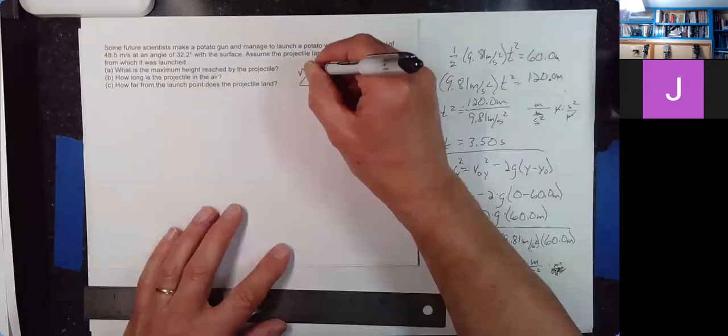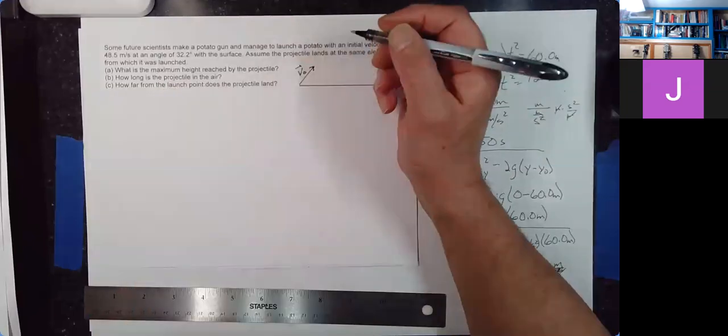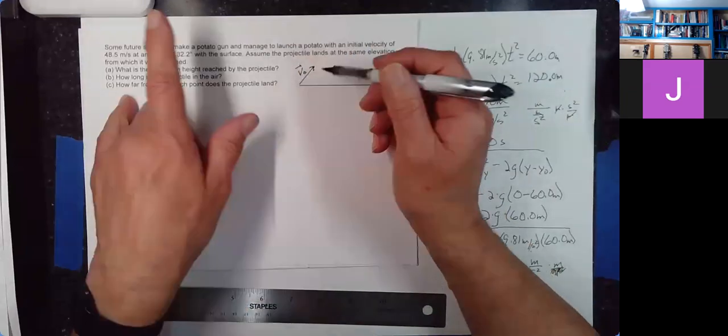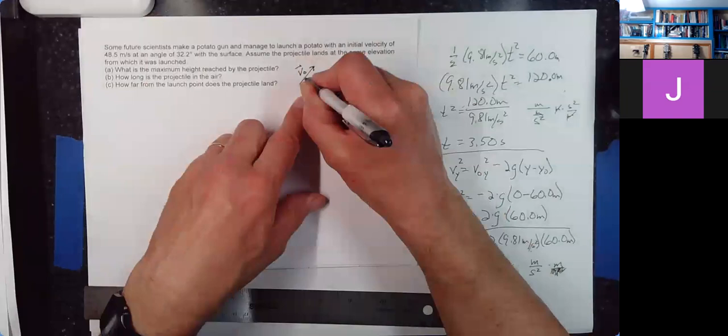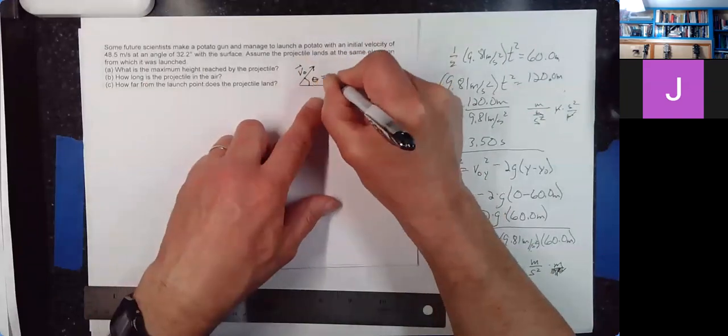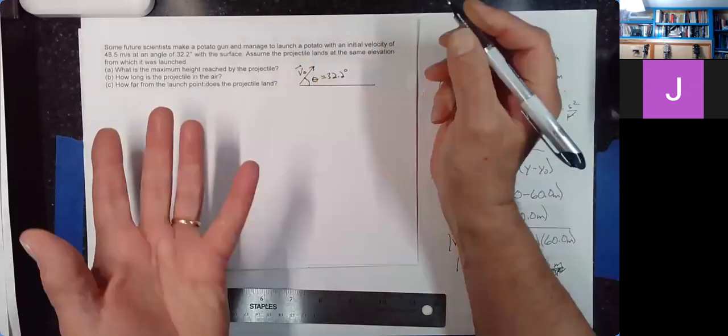I don't try very hard to get the angle correct here. I drew an angle bigger than 32.2 degrees, I know for sure, but that's okay. I'll just say this is theta, and theta is equal to 32.2 degrees.